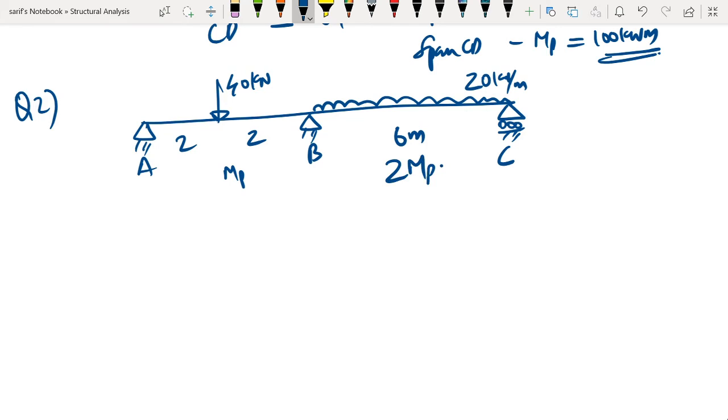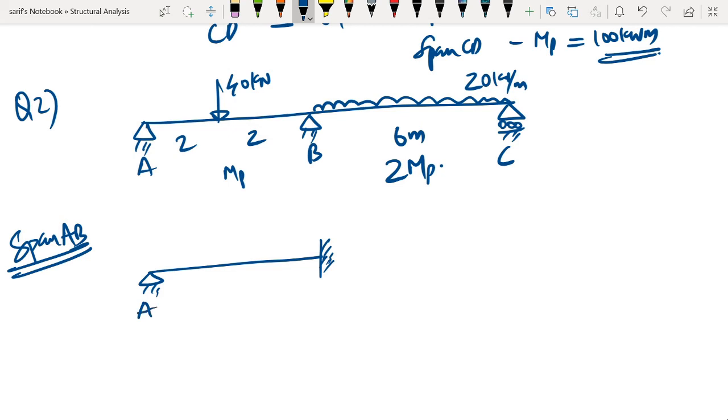Now again, to solve this problem, what we have to do is we have to consider mechanism for each of the individual spans. So if you are considering span AB, the interior support can be considered as a fixed support. So this becomes a propped cantilever.